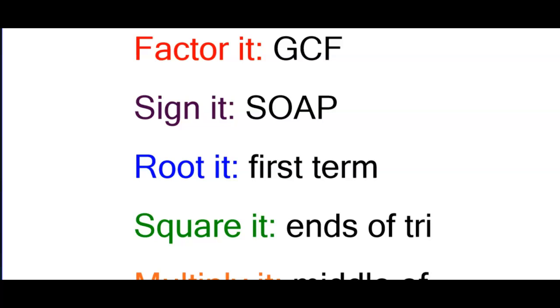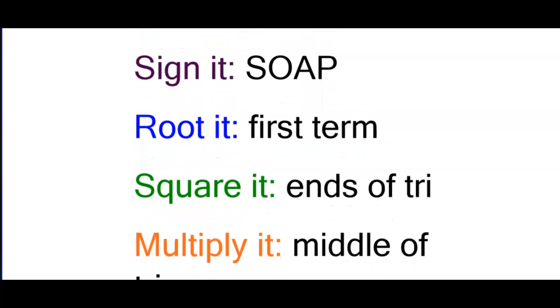Then we're going to sign what goes in the binomial and what goes in the trinomial. Then we're going to cube root it, because we're dealing with cubes. Then we turn around and square things. That's going to be the ends of the trinomial. And then we're going to multiply the terms of the binomial to be the very last piece of the puzzle. All of that's going to make sense in a minute. Just remember, it is for some reason, stare more.